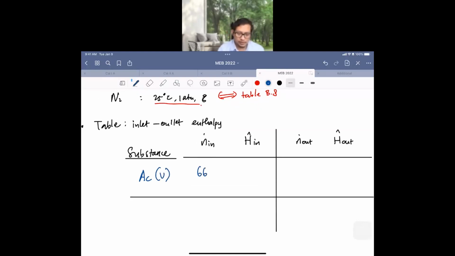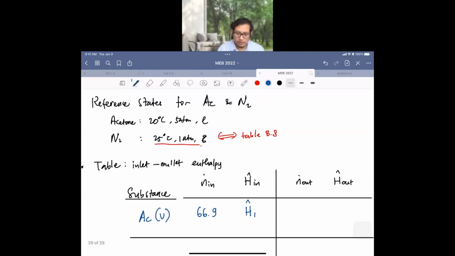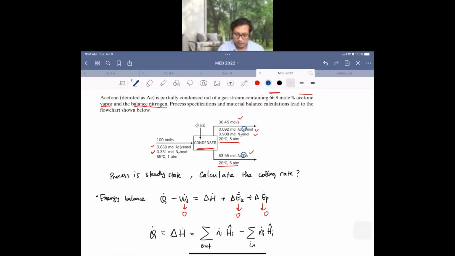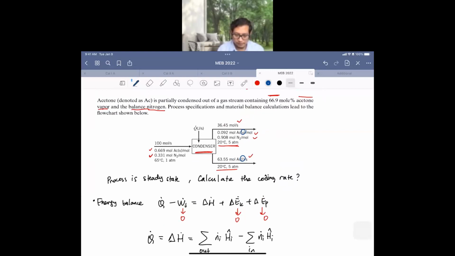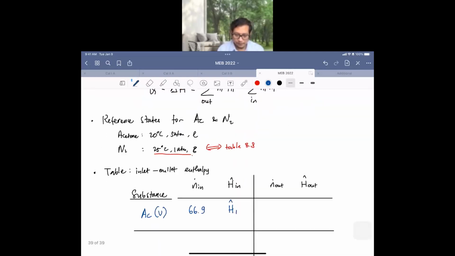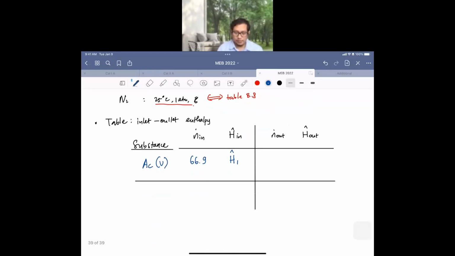So we take this 66.9 and let me write this as H1. So 66.9 from the first one here. That's the vapor, the input. And I think we need to make another line, sorry.